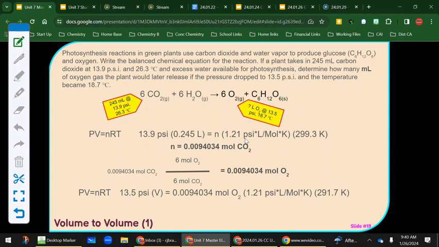We are solving for volume here. Divide this side by 13.5 psi. Final answer, 0.2458 liters, which becomes 246 milliliters, because that is what you were asked to find in the problem. Milliliters, not liters. Questions?